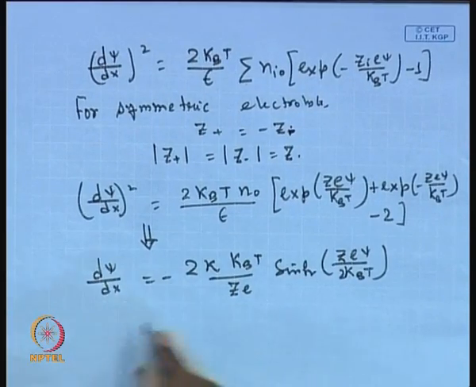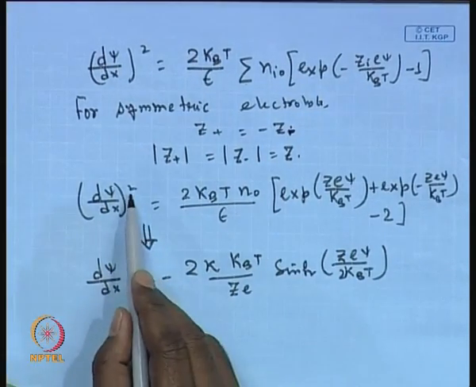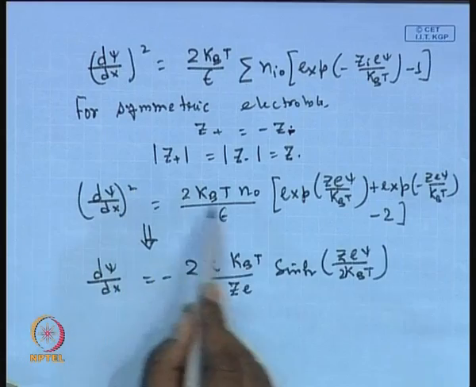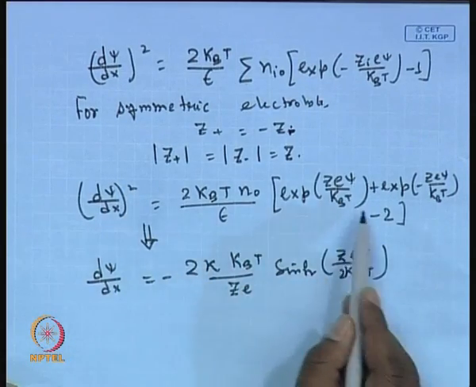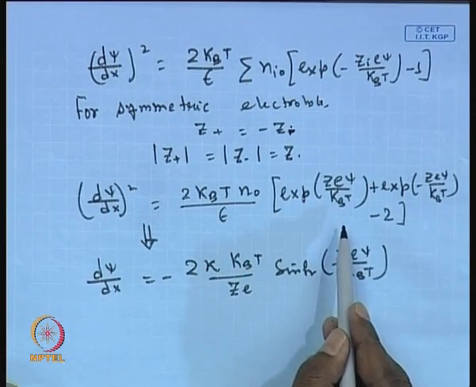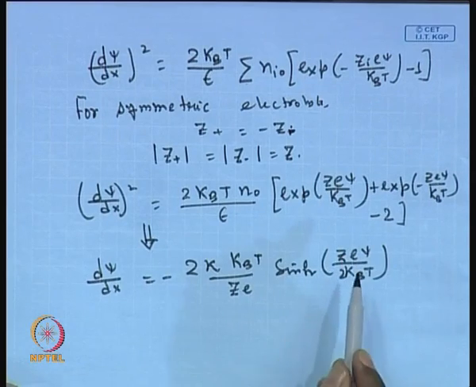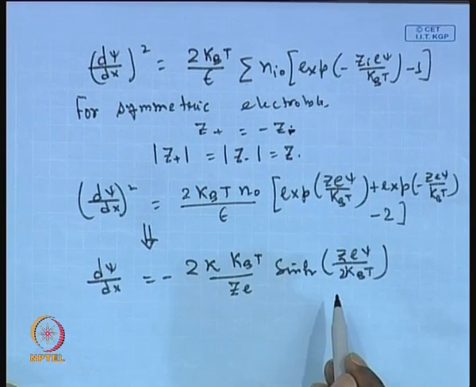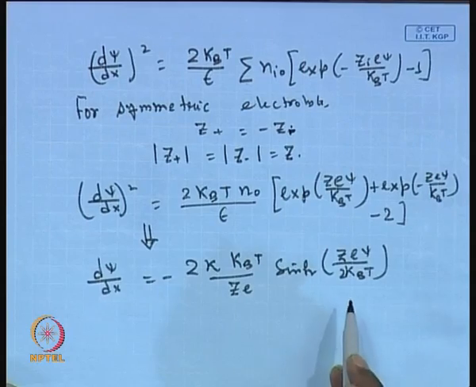Okay. Now, you can integrate it, and when you take the square root of this equation, you take the negative root of the right hand side, simply because psi will be decreasing as x is increasing, because x is the distance from the surface. Okay.